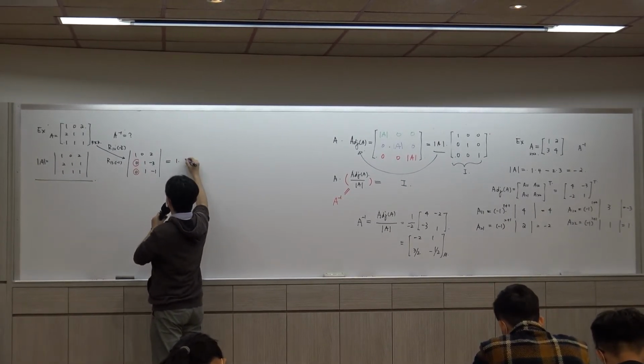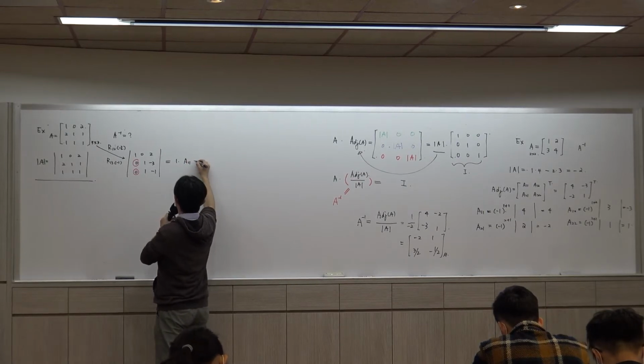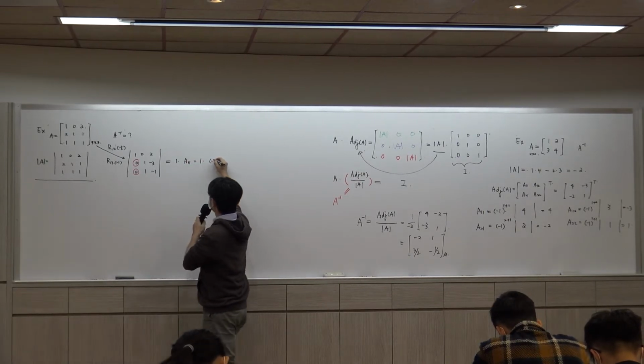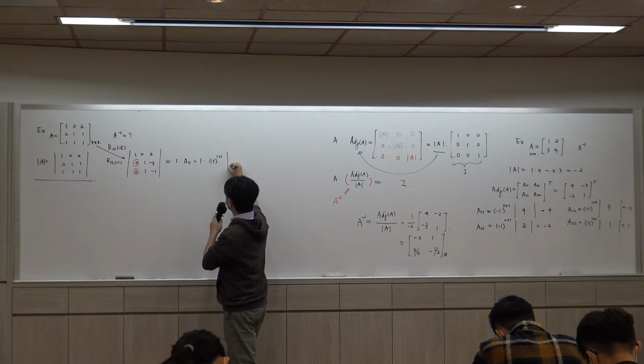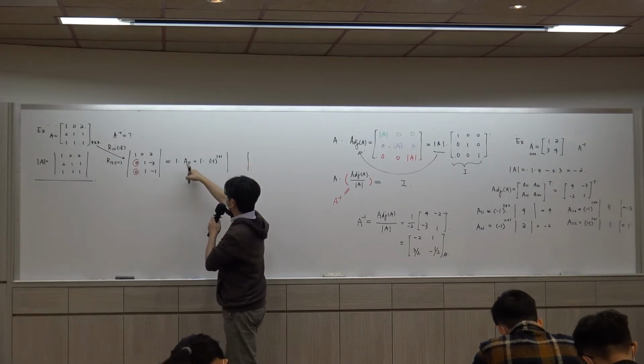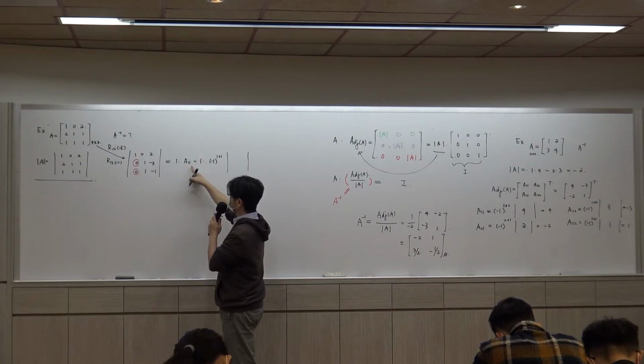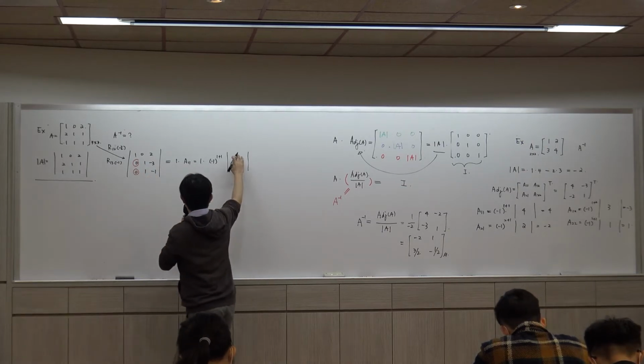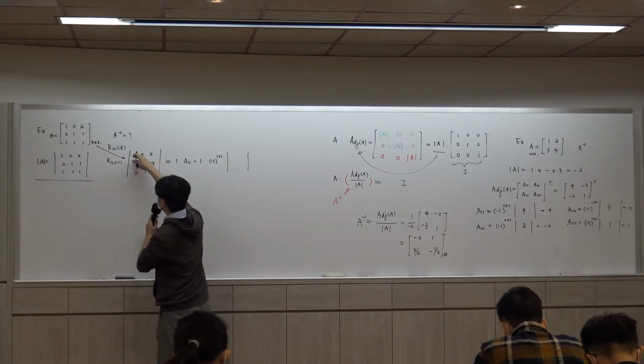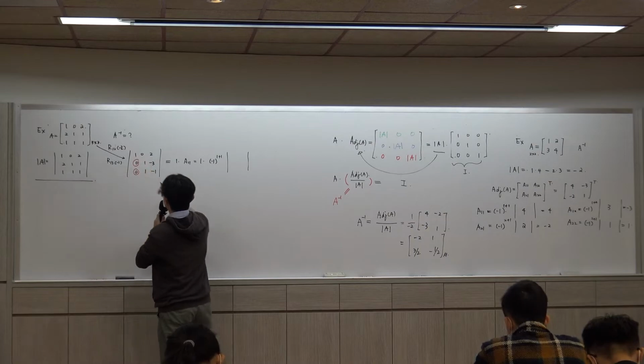So we can have 1 times A11, so it equals this. So the cofactor of the first row and the first column. The determinant will remove the first row and then the first column.